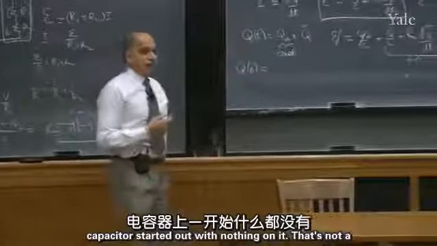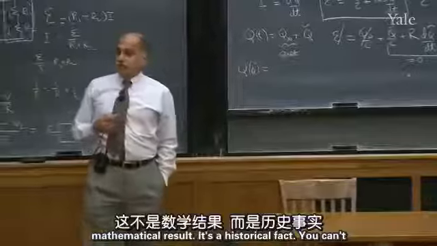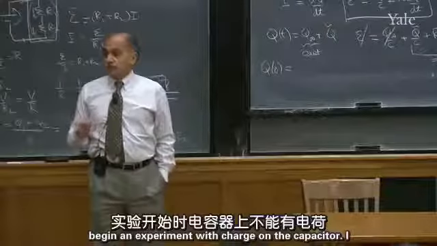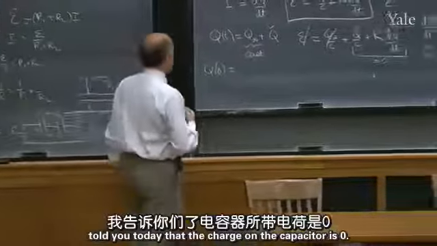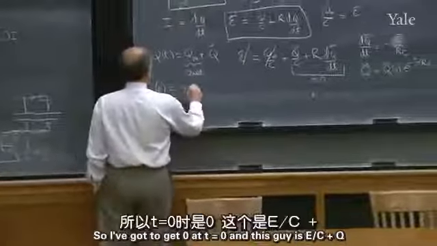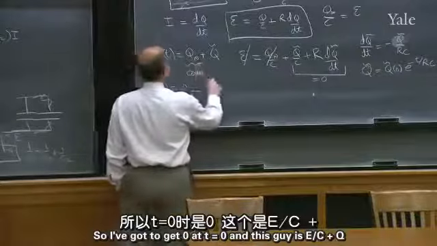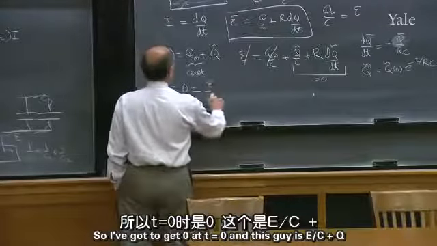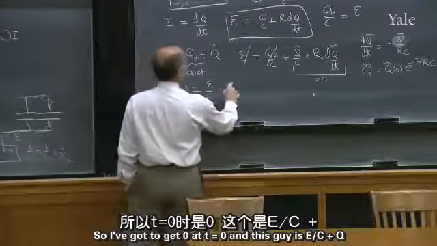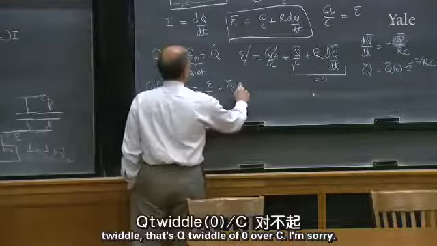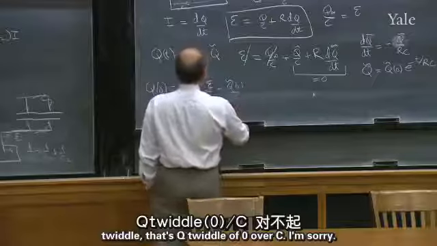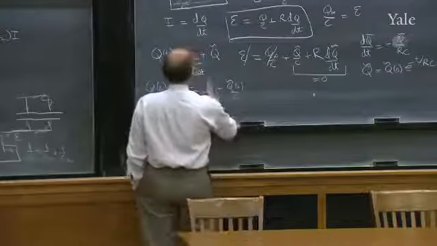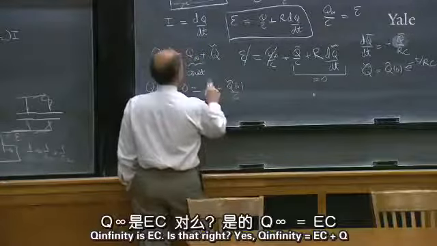If that's not a mathematical result, it's a historical fact. You can begin an experiment with charge on the capacitor, but I told you today that the charge on the capacitor is 0. So I have to get 0 at t equal to 0. And this is E over C plus Q twiddle of 0 over C. I'm sorry, Q infinity is EC.